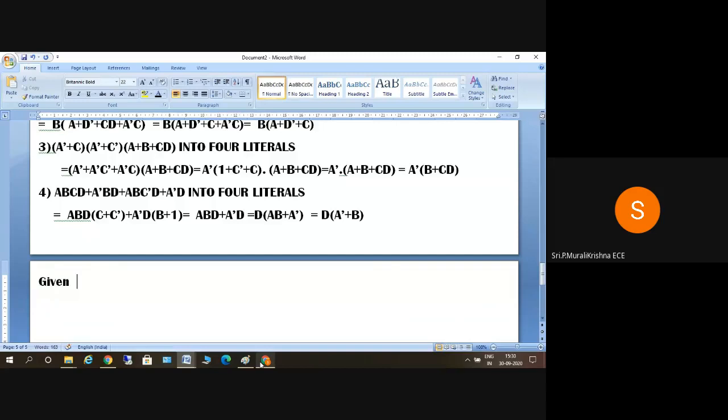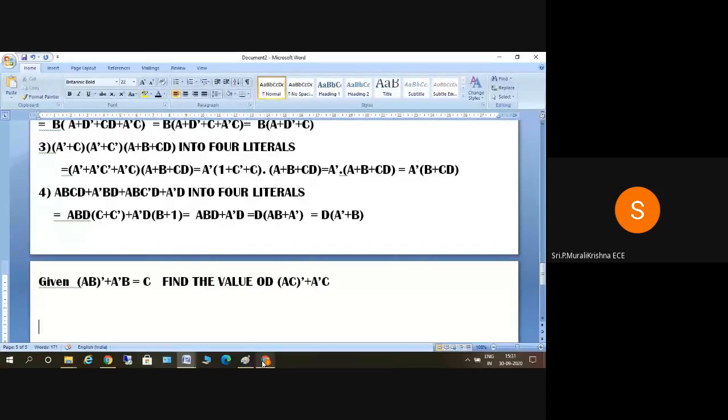AB and AB whole bar plus A bar B is equal to C. Okay, so find the value of AC whole bar plus A bar C. Okay, so given the value of C is equal to AB whole bar plus A bar B, so we'll simplify that. Afterwards substitute that C value in the given expression and tell me the final expression.